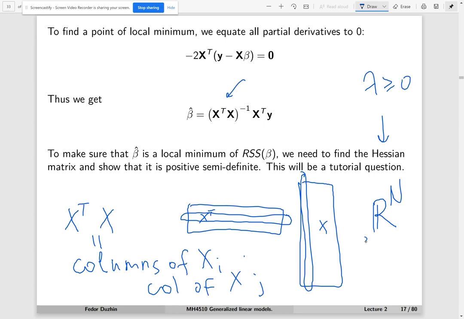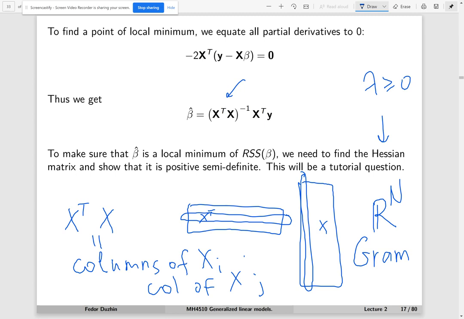So when we have several vectors and we take pairwise dot products of these vectors and form a matrix, this construction is called a gram matrix. And there is a theorem in linear algebra that a gram matrix is always positive semi-definite.